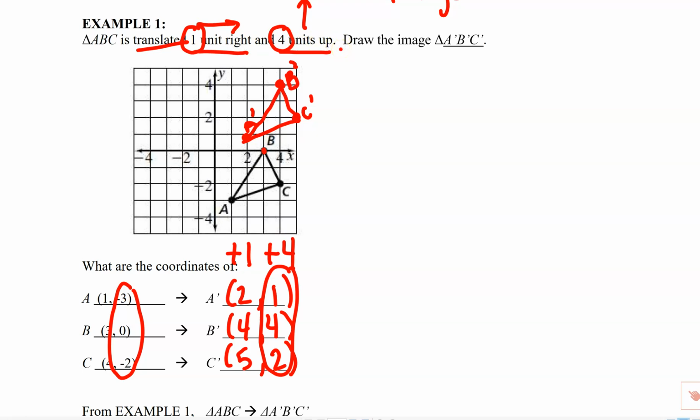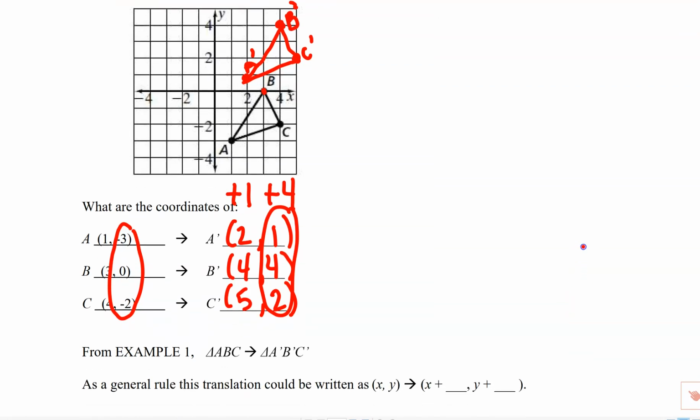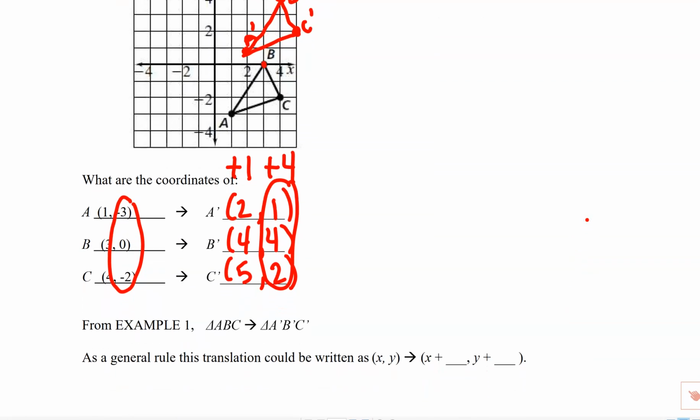Okay, so now we're going to write something that is called an algebraic rule. So the algebraic rule is basically what happened from your original points to your new points. So to each X, we added 1, and to each Y, we added 4. This is what is called an algebraic rule.